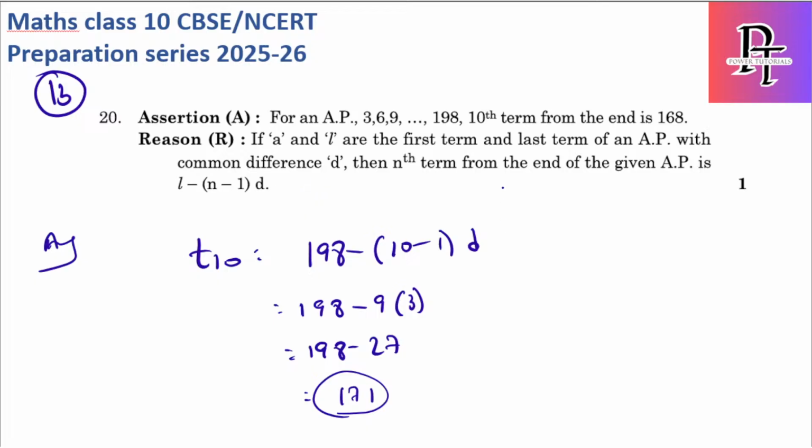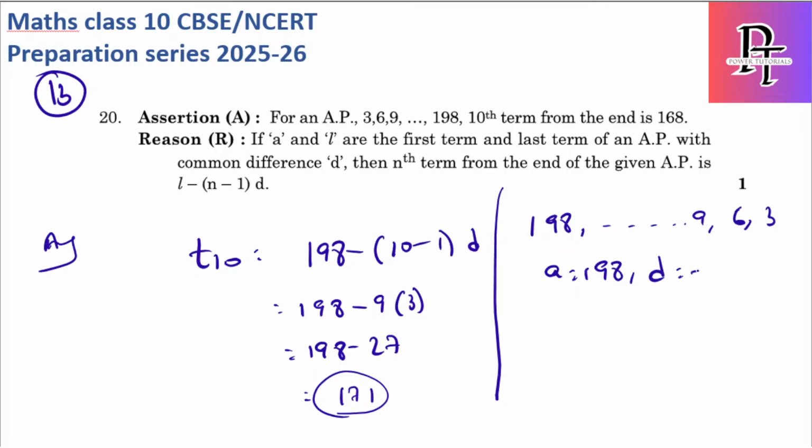But let's find out what the 10th term from last is as per the actual convention. For that, what you have to do is simply write the numbers in reverse order: 9, 6, 3. So here the a value is 198 and the d value is minus 3.